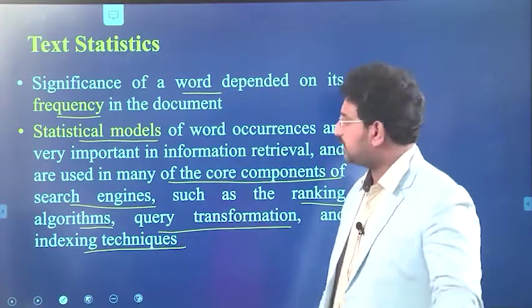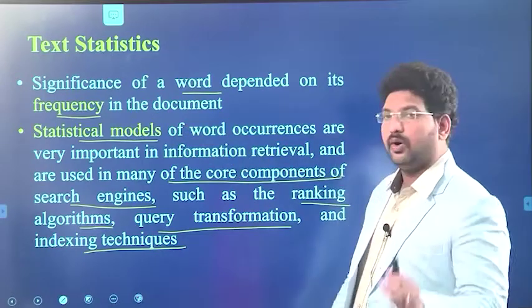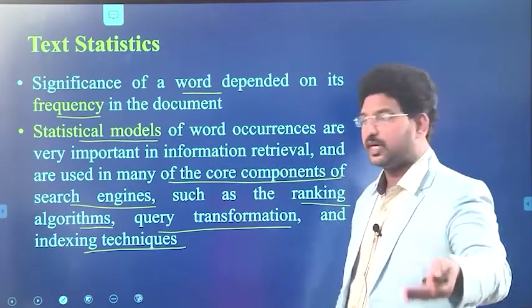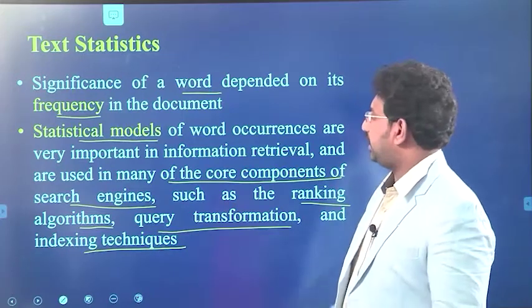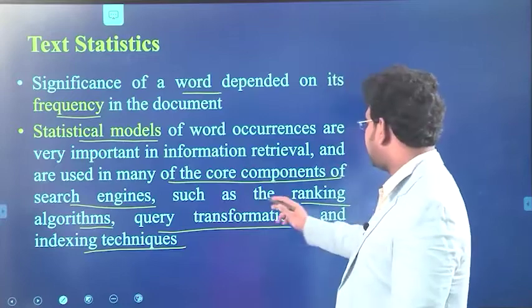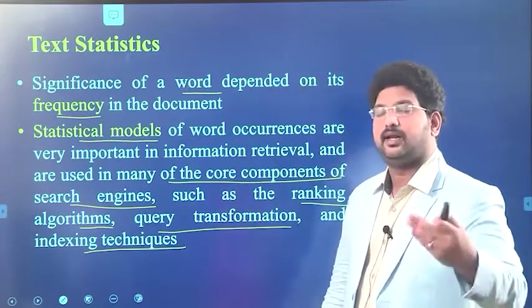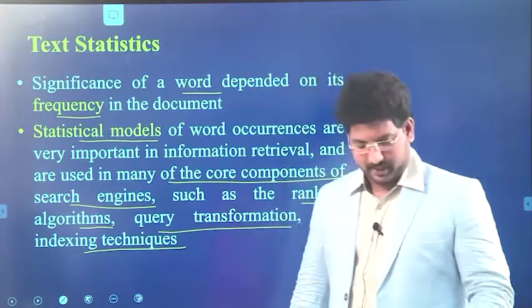So you are trying to understand that statistical models of word occurrences are very important in information retrieval techniques and used in many of the core components of search engines, such as ranking algorithms, query transformations, and indexing techniques.